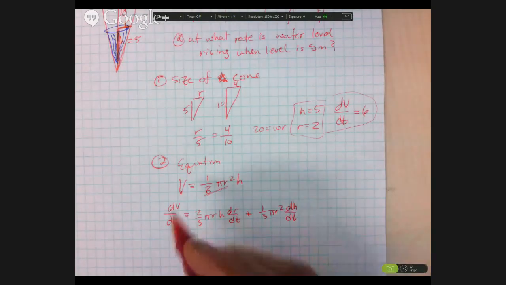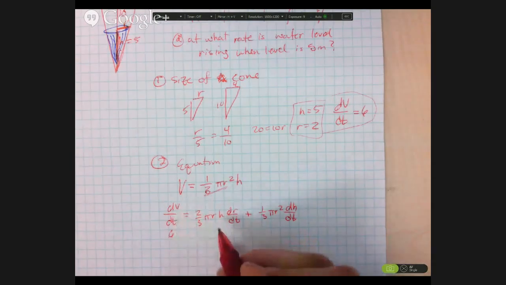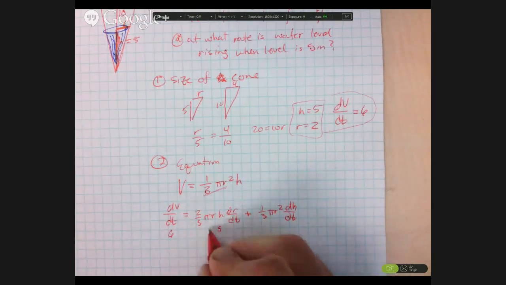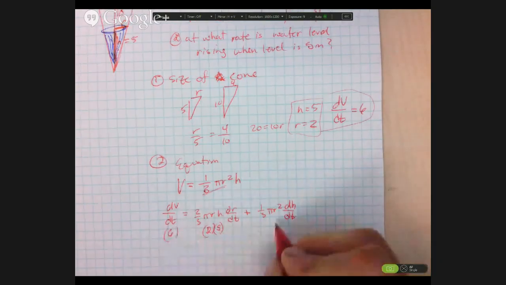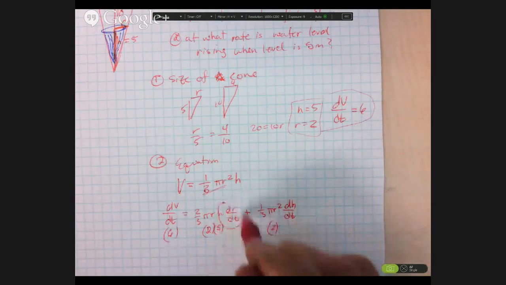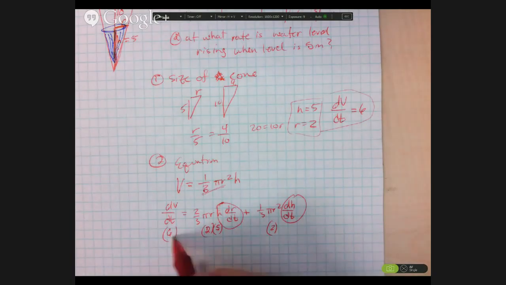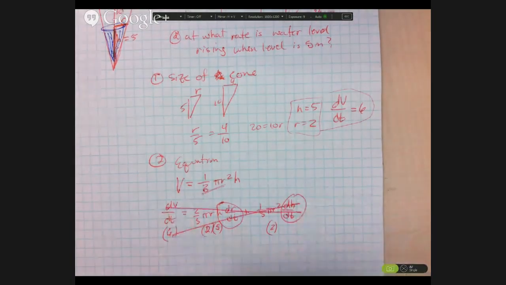We have 6, h is 5, r is 2. How many variables do we have left? Okay, we can't solve that because we have 2 variables. So we have to figure out some way to get rid of one of them.